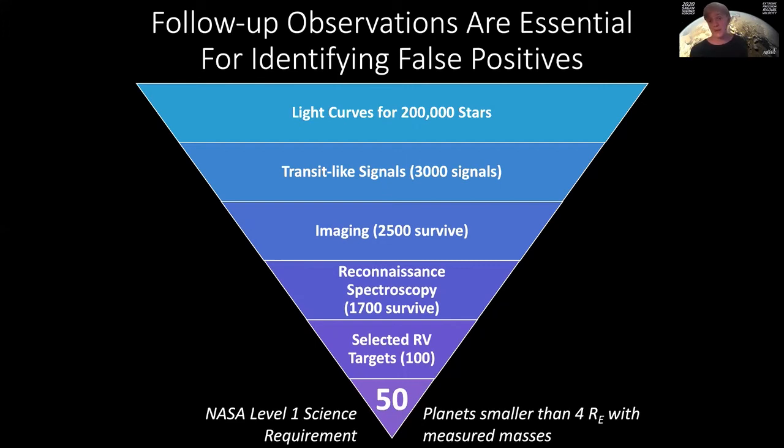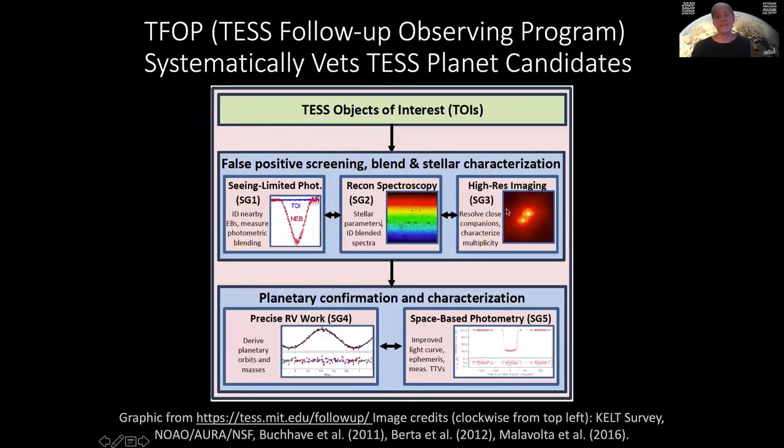In order to make all of these observations possible, they've organized the TESS Follow-Up Observing Program. This graphic is probably a little bit small on your computer screens, so we'll break it down in the series of following slides. TFOP is divided into multiple working groups that allow them to pursue different types of follow-up observations designed to rule out false positives.